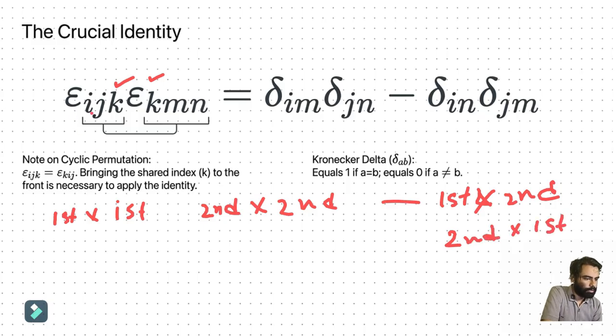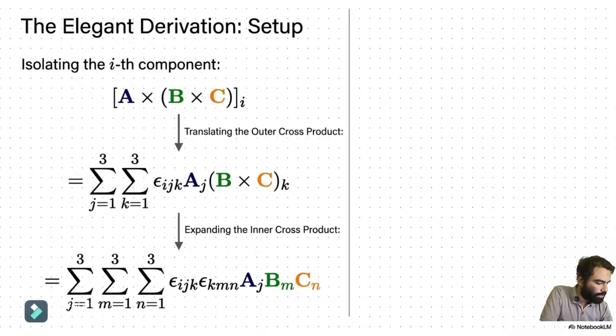That is, delta im delta jn minus delta in delta jm, first second. That is a very simple rule. Now let's see a triple product.